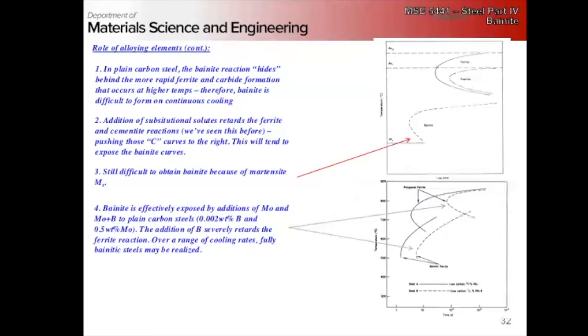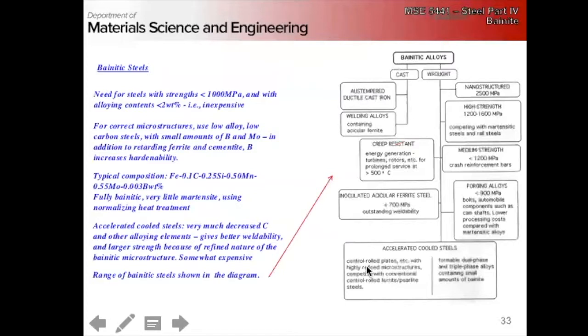But if we play with these concentrations, and we're talking very small amounts of boron, 0.002%, right? So percent is 100, hundredths, thousandths, ten thousandths, hundred thousandths, so 20 parts per million. Boron and less than 1 weight percent molybdenum, we can get fully Bainitic steels.